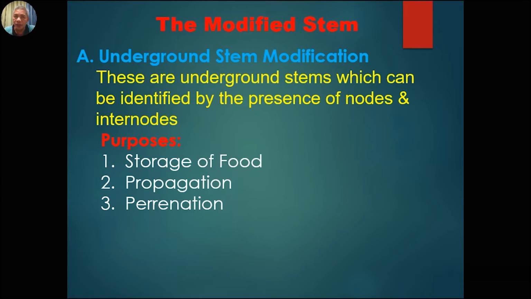For instance, because of the underground stem modification, this season is sunny days, and the plant will still survive until the next season, that is rainy season. So that is what we call perennation.